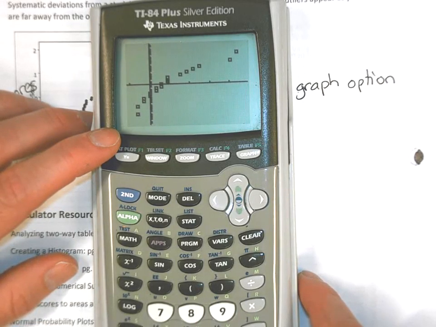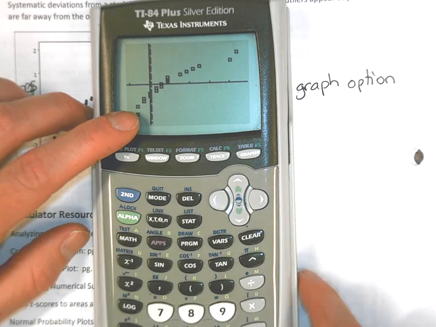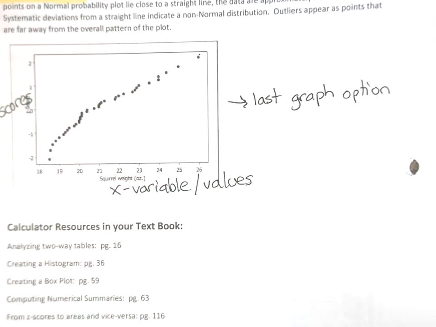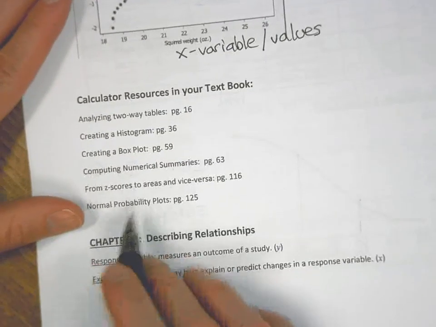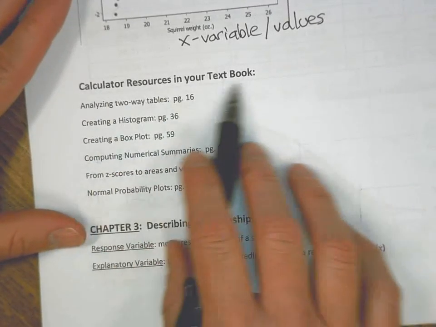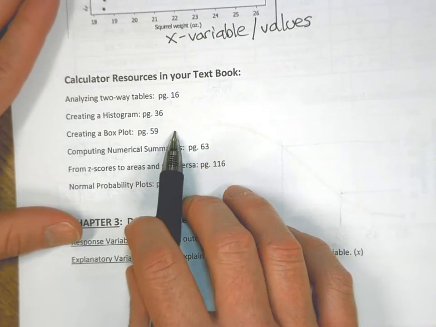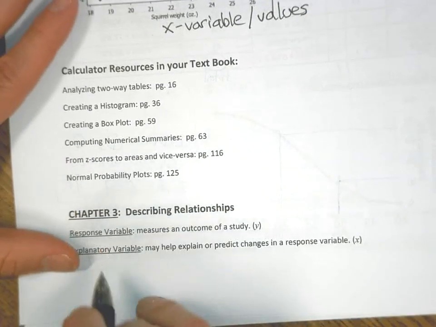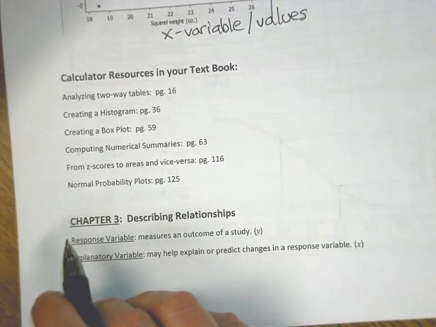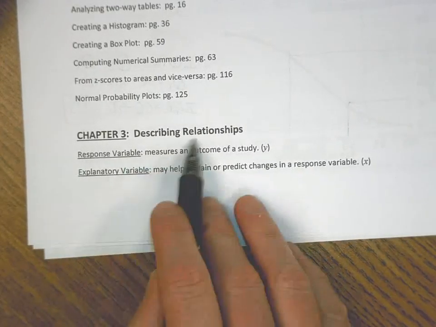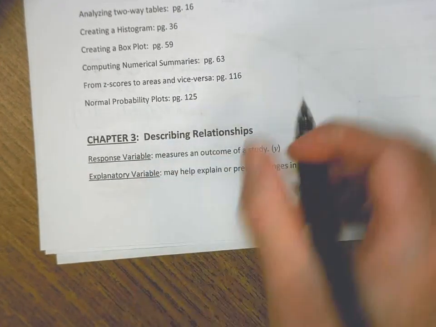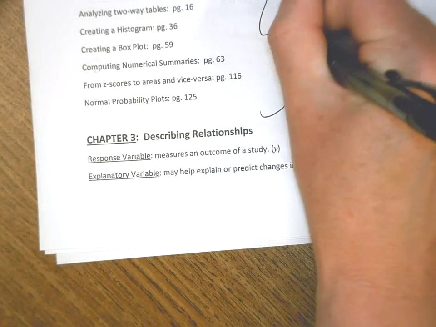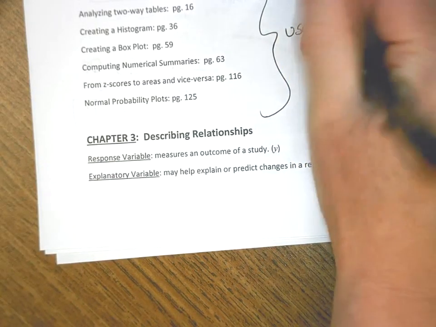There it is. Doesn't look that straight, there's a little curvature down here, but that's your normal probability plot. Then underneath, there's calculator resources in your textbook on how to do each of these in your calculator. I looked them up, found the pages for you so you could quickly locate those. Chapter 3, don't forget you could also use the book's website and it'll talk you through the technology.